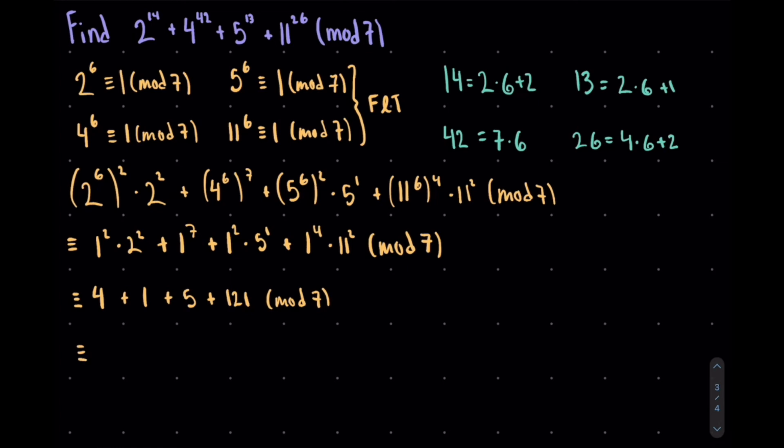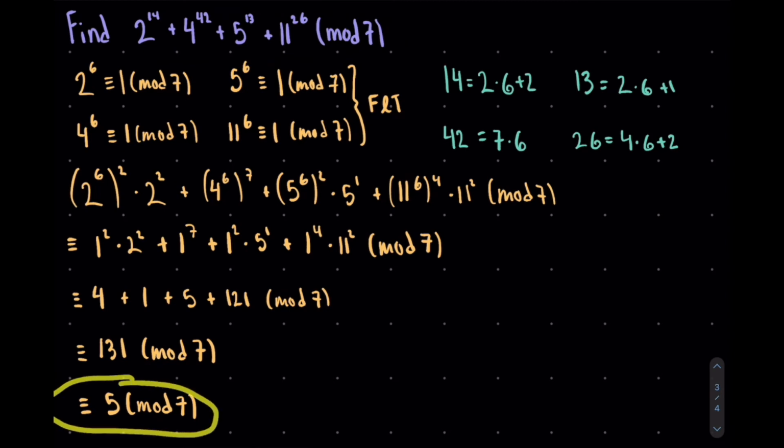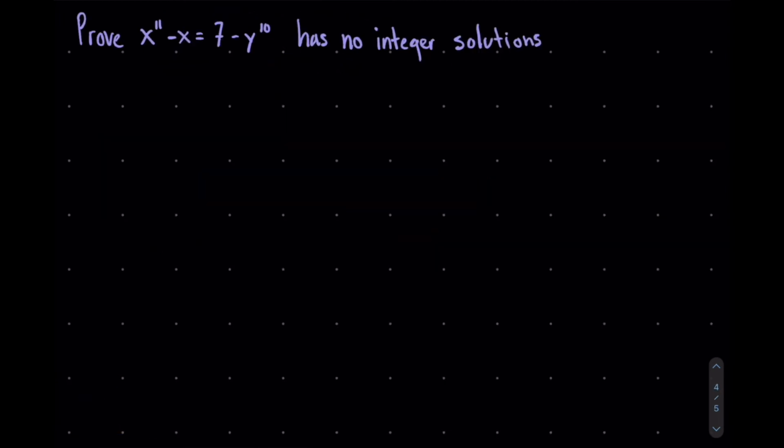This is congruent to, and just by adding these up, we get 131 modulo 7. And some quick mental math will give us that this is congruent to 5 modulo 7. And there you have it. We've taken a huge equation, as the one above, and simplified it to something really small thanks to Fermat's little theorem.